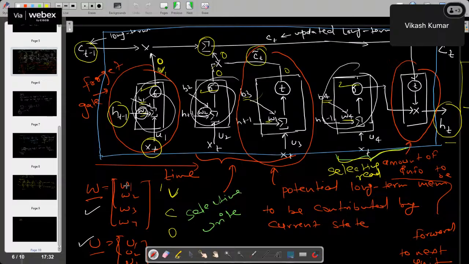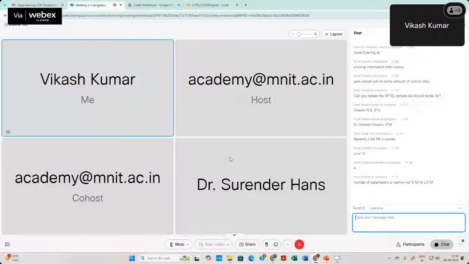If we talk about this W1, this W1 itself is a vector. So we need to learn this one, again this one, again this one. So we are going to minimize this part. Can anybody suggest how we can minimize this one?